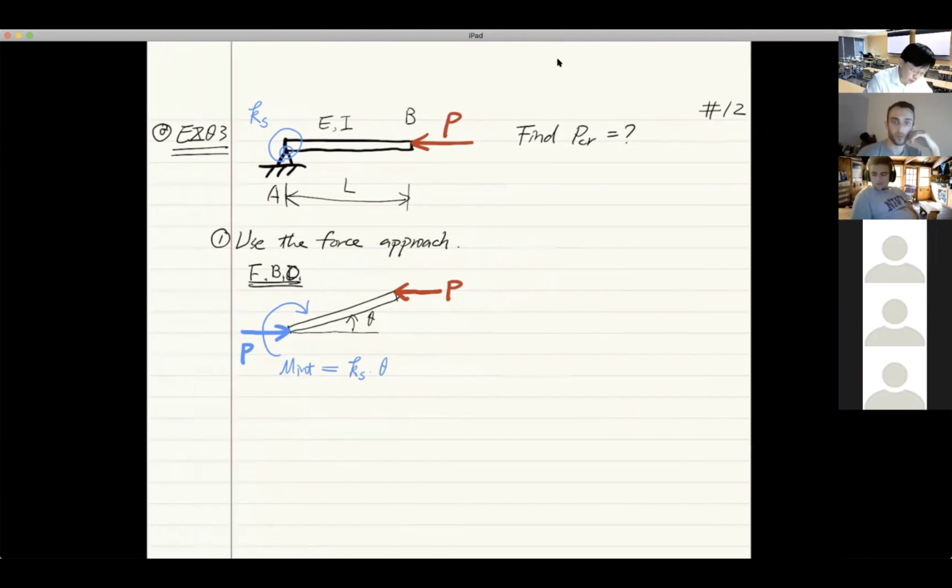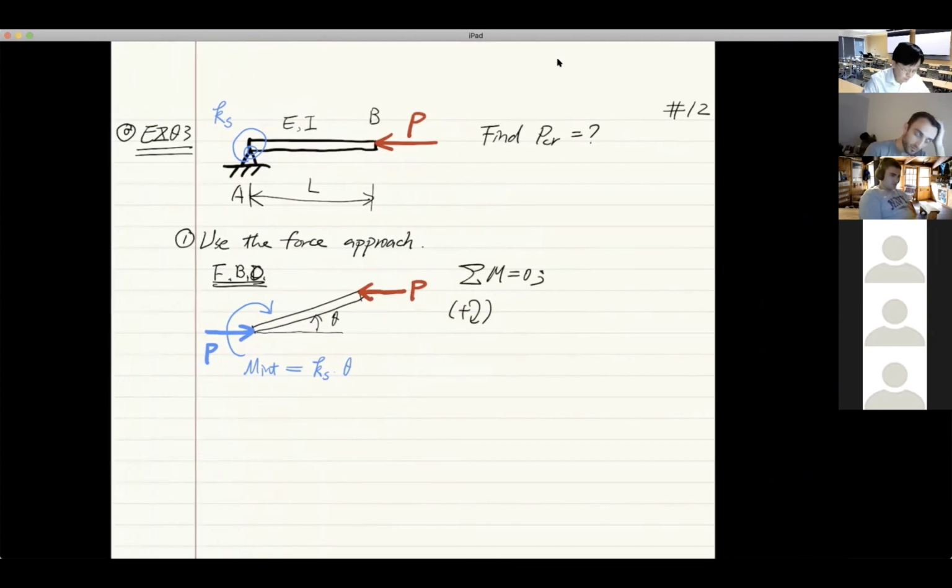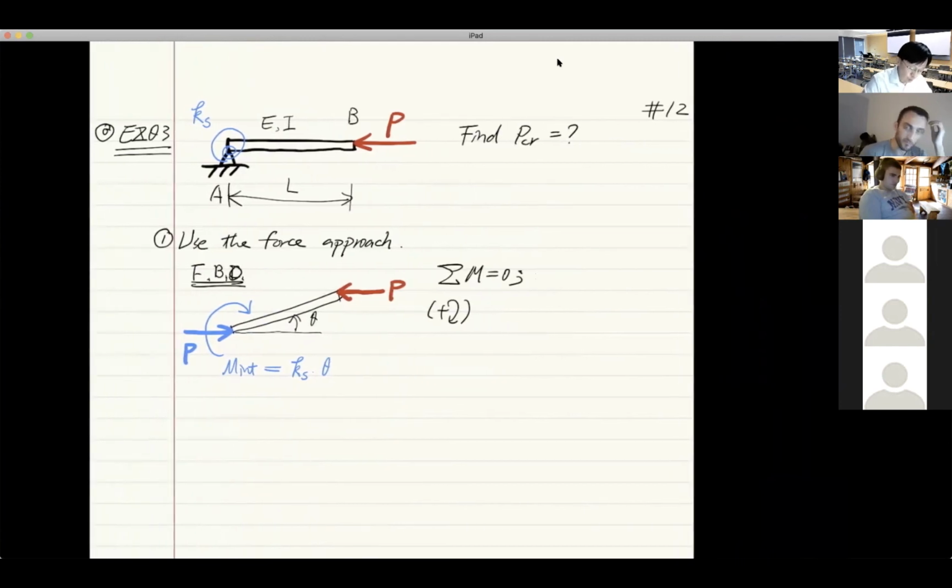What we have to do is just bring everything into the moment equilibrium expression. So the summation of all the moments should be 0. You can choose whatever direction you like. Suppose we choose clockwise to be the positive direction for the moment. What do we have?